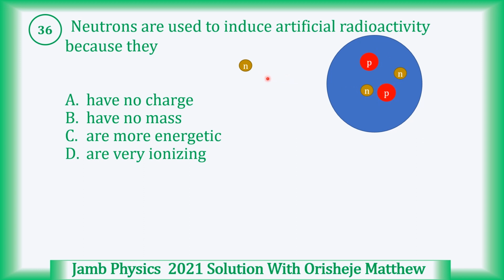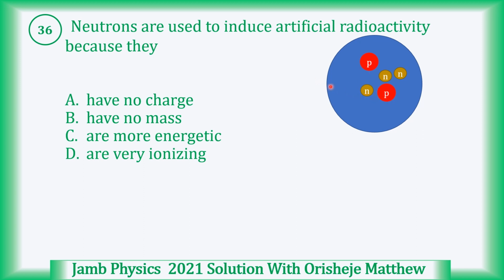If you fire this neutron into it, the neutron has the ability to penetrate deep into the atomic nucleus because it is neutral, and so there is no electrostatic repulsion between it and the protons. So there is no electrostatic repulsion.